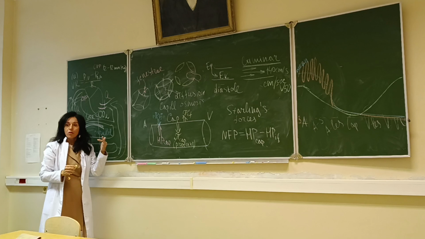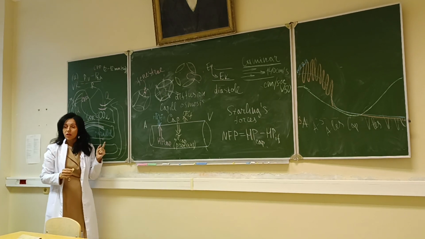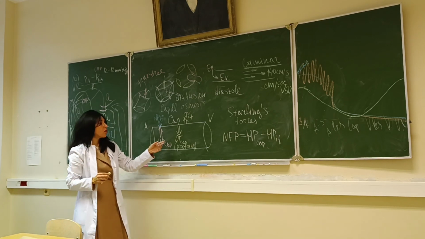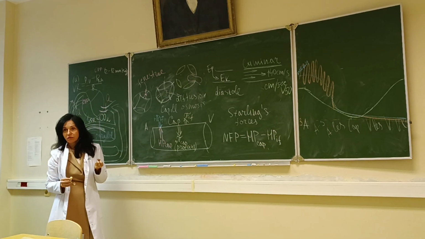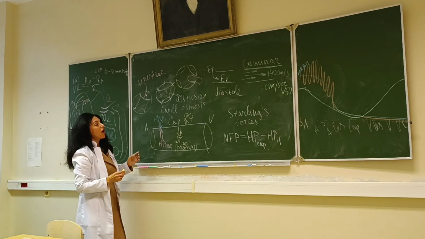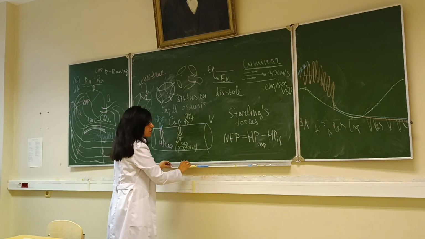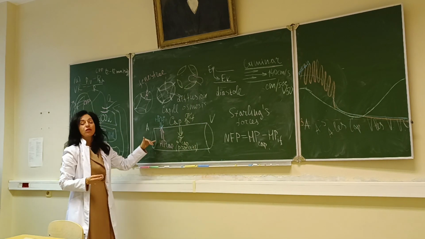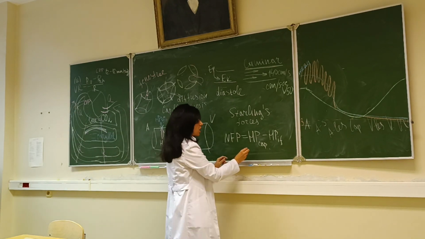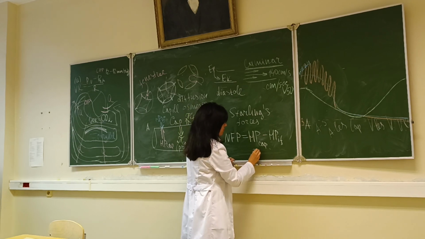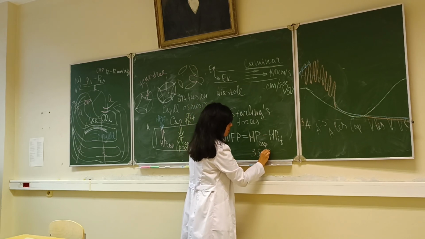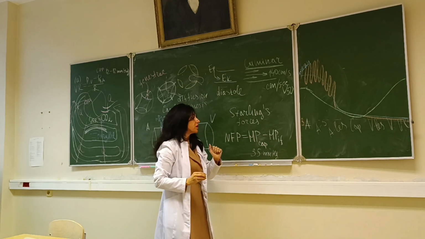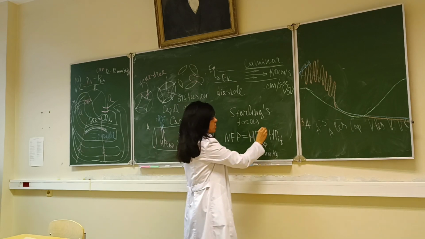Hydrostatic pressure moves water forward, away. Colloid pressure attracts. Hydrostatic pressure is the biggest component. At the arterial end of capillaries it is about 35 millimeters of mercury. In the interstitial fluid it is about 4.